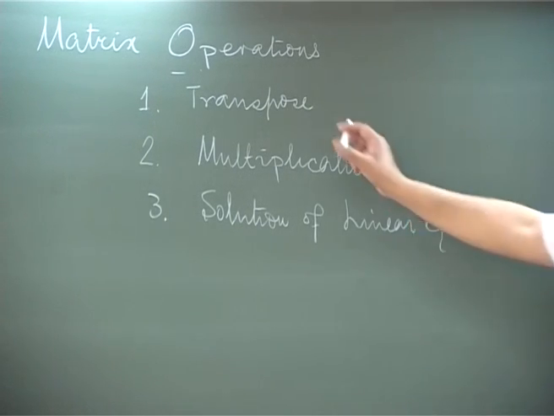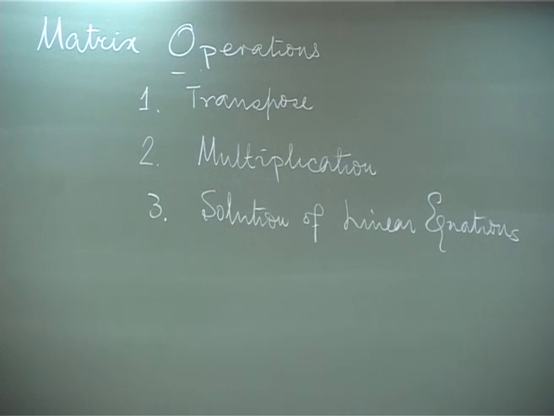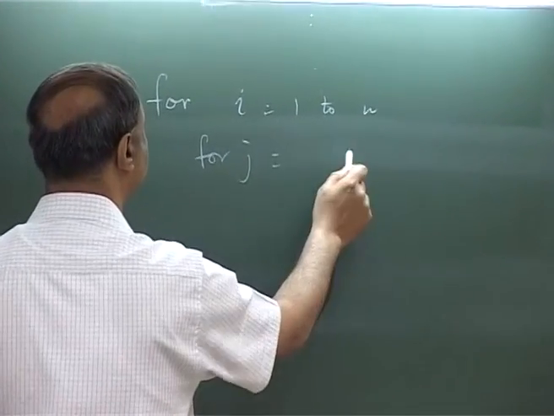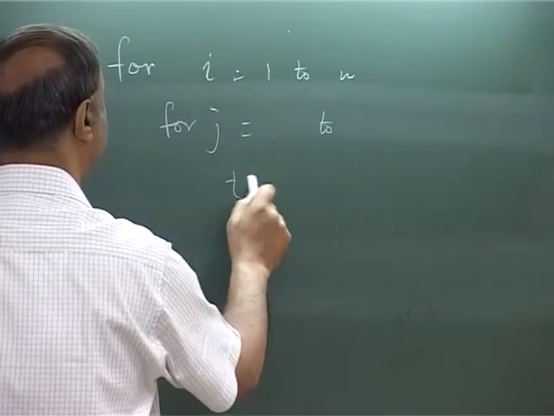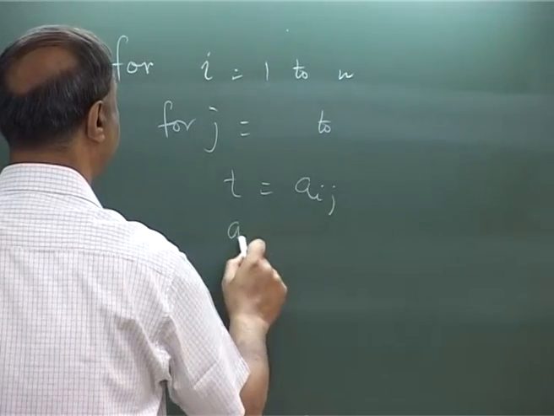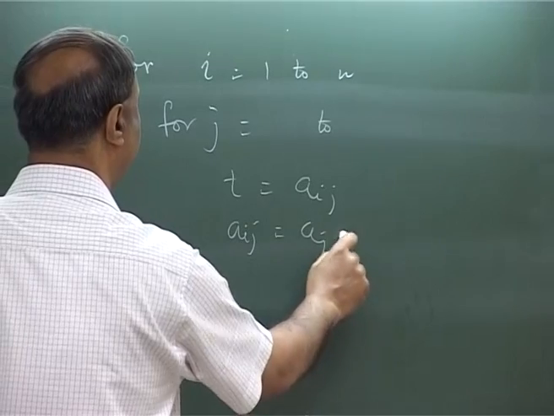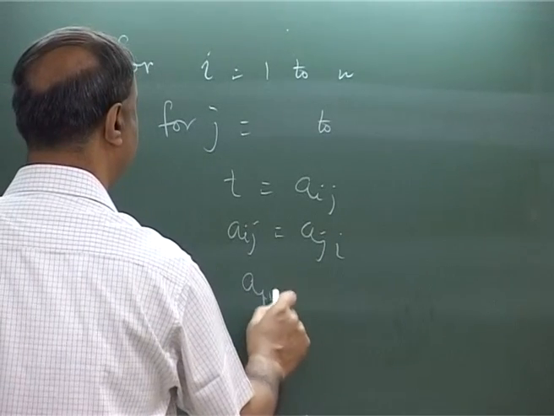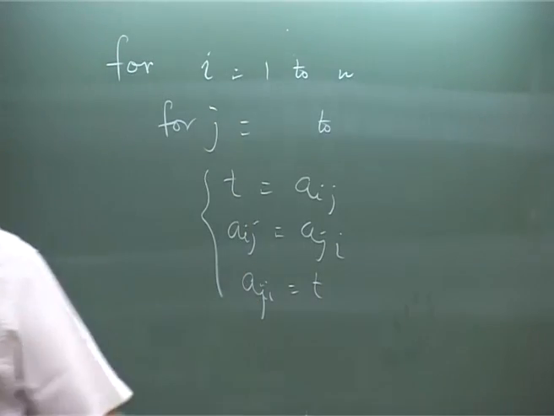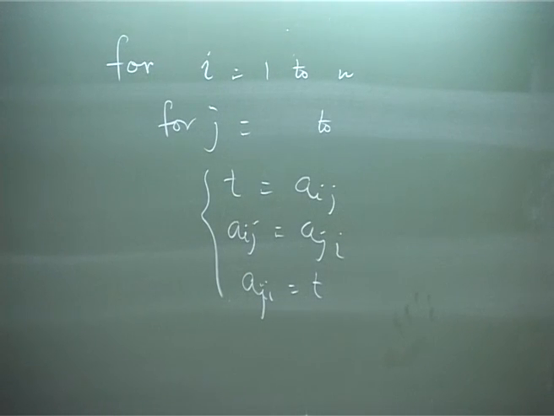First, the problem of transpose. Even though it is a very simple operation, it is a very difficult problem to solve. Say for i equals 1 to n, for j equals i plus 1 to n, t equals a[i][j], a[i][j] equals a[j][i], and then a[j][i] equals t.